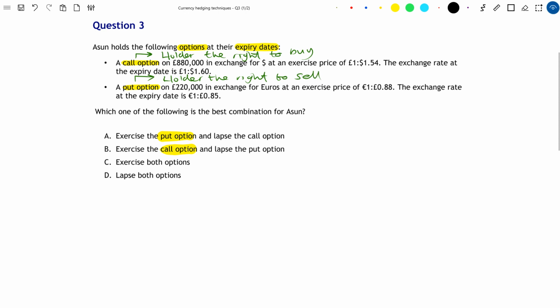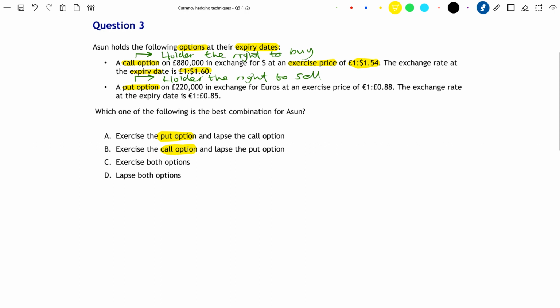So the call option, the company has a call option on £880,000 in exchange for dollars at an exercise price. So the exercise price is the price that's given in the option of £1 to $1.54. The exchange rate at the expiry date, which is where we are now, is £1 to $1.60.